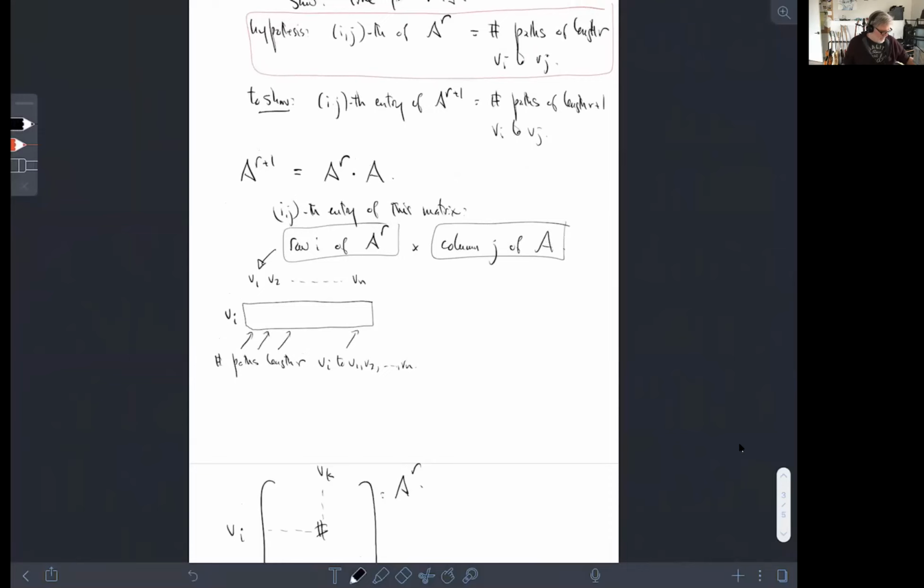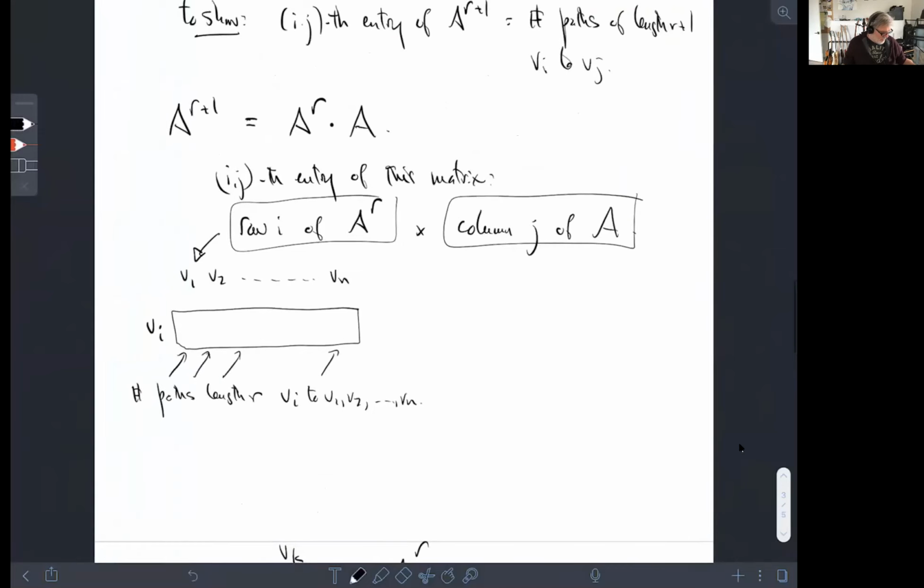Okay. All right. So now I'm multiplying this by column J of A. So this is the column corresponding to VJ. And what are these numbers? They're zeros or ones, depending on whether there's an edge. So this is 0 or 1.